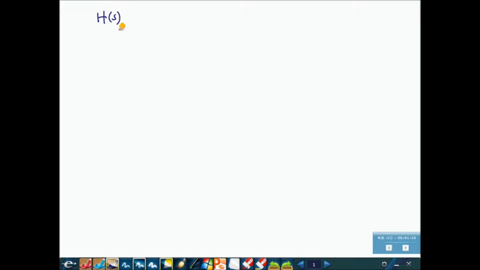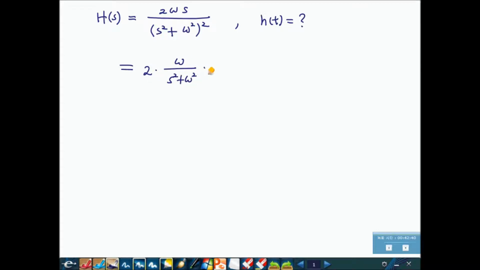Let's say a given function H(s) is 2 times omega s over s squared plus omega squared, and square of this whole term. You can decompose this into a multiplication like this: 2 times omega over s squared plus omega squared, times s over s squared plus omega squared.